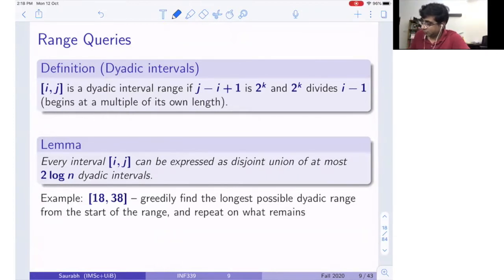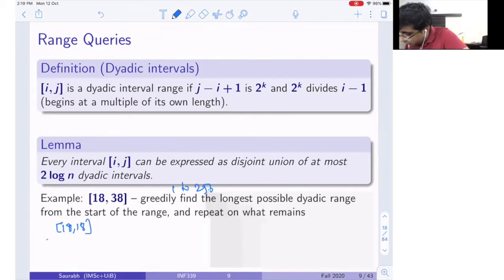Starting from 18, can 18 be a starting point? Is any 2 power k dividing this except 2 power 0? 18 would be a singleton. So 18 has to be a singleton, right? Okay. So now 18 has gone.